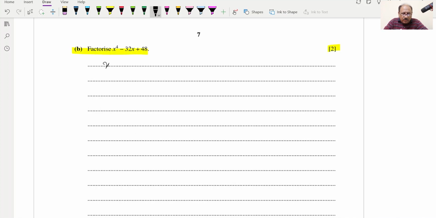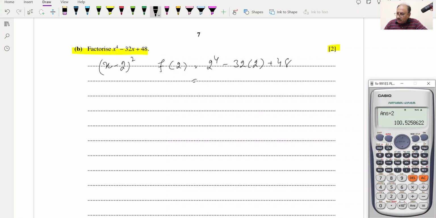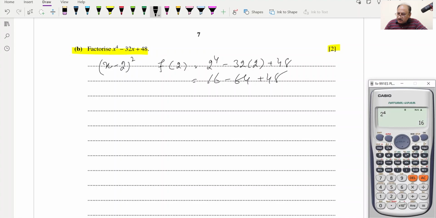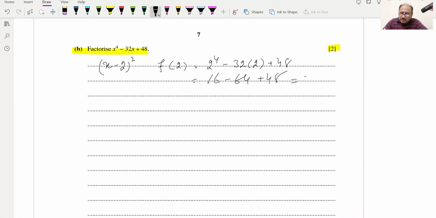We know (x − 2)² is a factor of this one, so to confirm, f(2) will be equal to 2⁴ − 32 into 2 + 48. 2 raised to the power 4 is equal to 16. 16 minus 64 plus 48 is equal to 0.